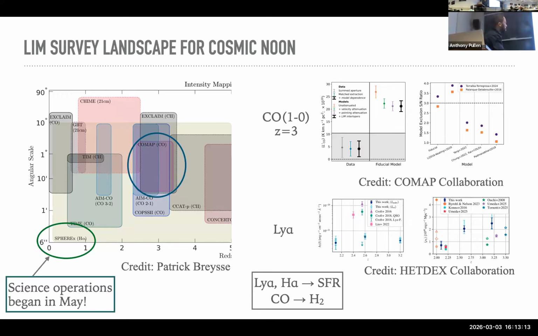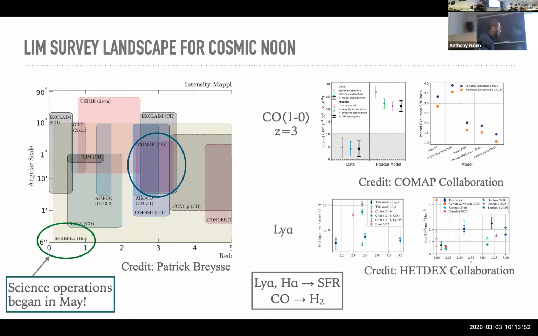One I want to highlight is COMAP, which has done different stacking analyses to try to measure the first rotational line of carbon monoxide stacked off of quasars. I also want to highlight TIM, which many of you are involved in here. It's exciting seeing the progress you all have made, and I'm hopeful that I'll be seeing data from you in a couple of years.